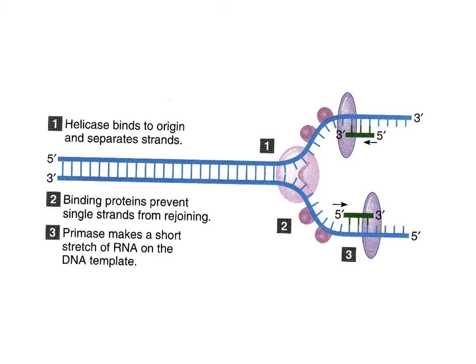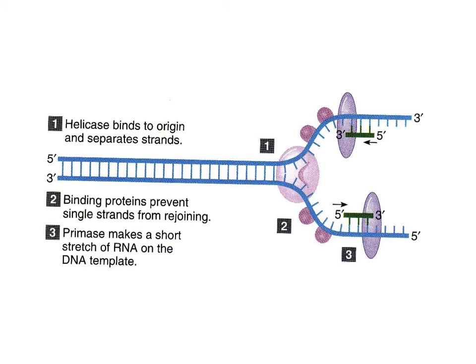Here, as you can see, the green colored stuff is the primer, and the 3' end of the primer on the upper strand points towards the replication fork. On the lagging strand, which is that lower strand, it points away from it.